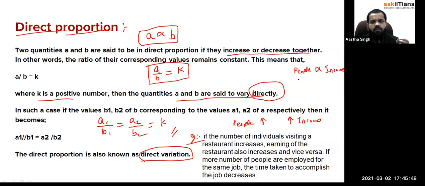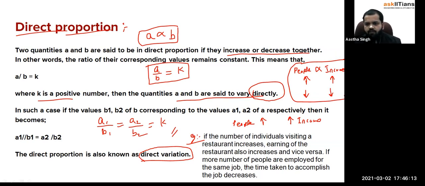If your number of people increases, your income also increases, right? And if the number of people or customers decreases, then the income of your restaurant also decreases. This is how direct proportion works.